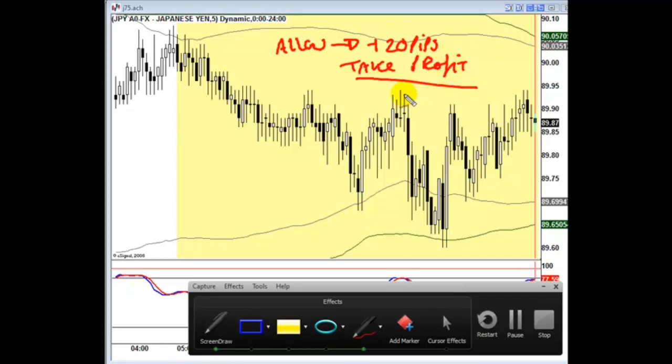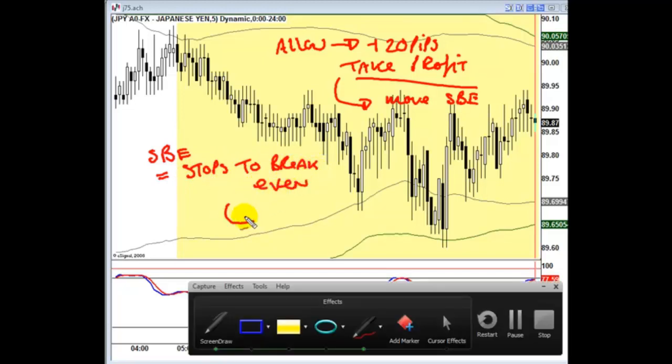But in general, what we're really going to do is move stops to break even. I call it SBE, it's easy to write, so just as a note for you, SBE is equal to stops to break even, and that means I move the stops to my entry price.